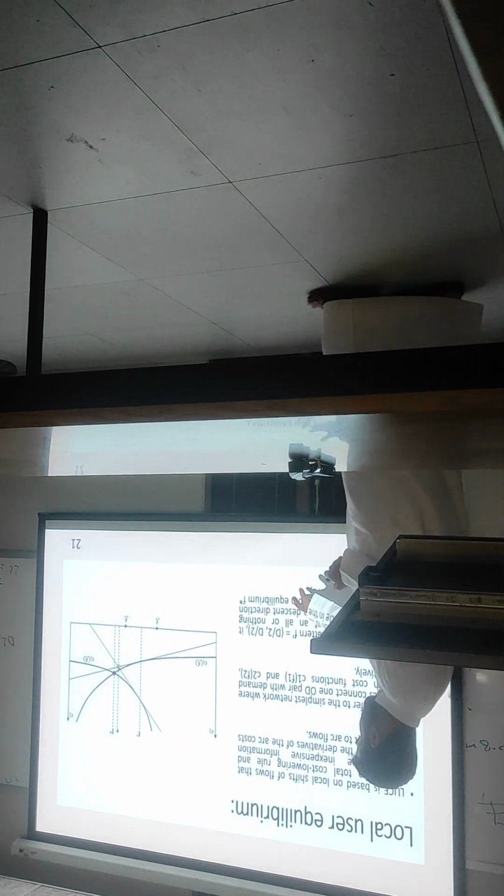The second one is for the alternative loss. He said at this point I have this demand and I have this supply, and this equilibrium point where they meet is away from the equilibrium. It's based on the local shifts of flow.